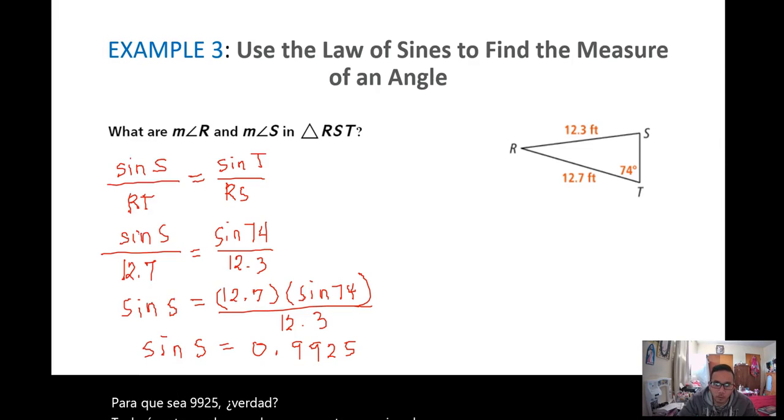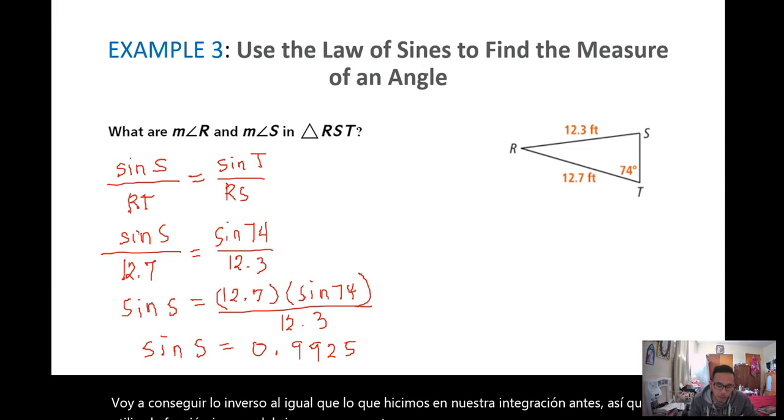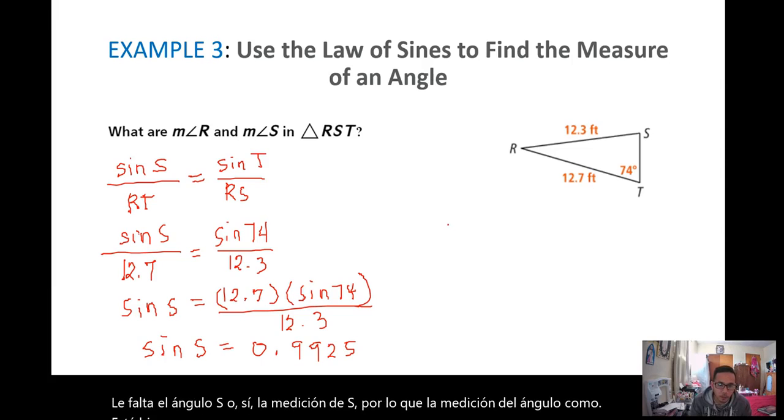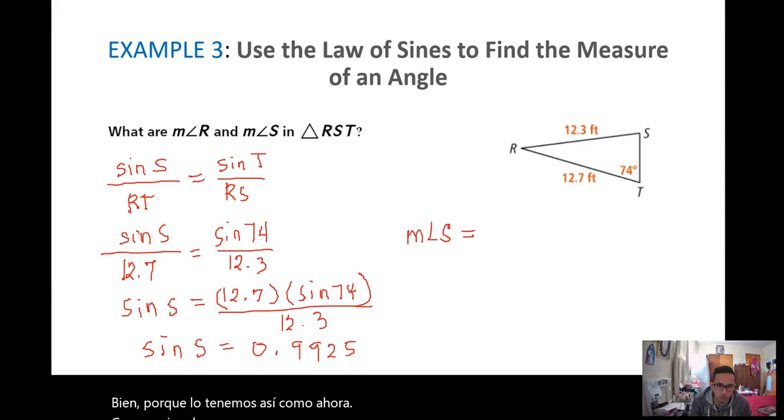Because we are looking at the angle, what I'm going to do here is get the inverse, just like what we did in our trig ratios before. So use the inverse function of sine to find your missing angle S. So the measurement of angle S is equal to sine raised to negative 1 of 0.9925.